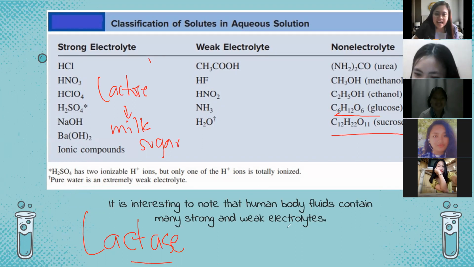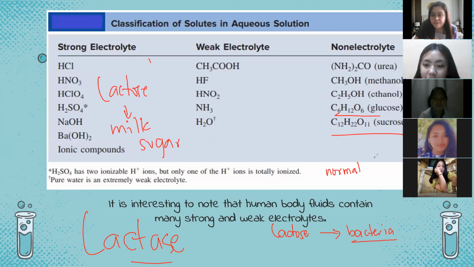Why? Because if you have a deficiency of this one, what will happen? The lactose, class, that you drank from milk, will be metabolized by the bacteria in your stomach. Don't we call that normal flora? When you say normal flora, these are the bacteria present in our stomach and they help in digestion.